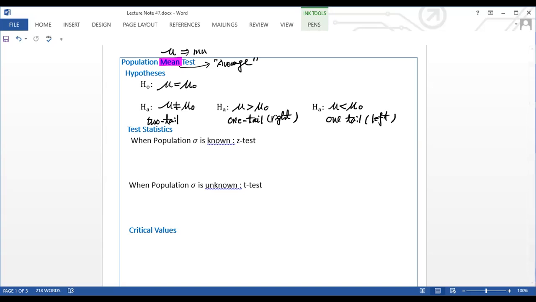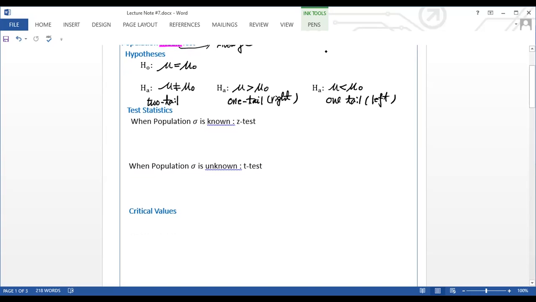Now for the population mean, the test statistic is a little bit different. For the population proportion, in lectures 4 and 5, we used the one proportion z-test. Here, for the mean, you will have two test statistics.